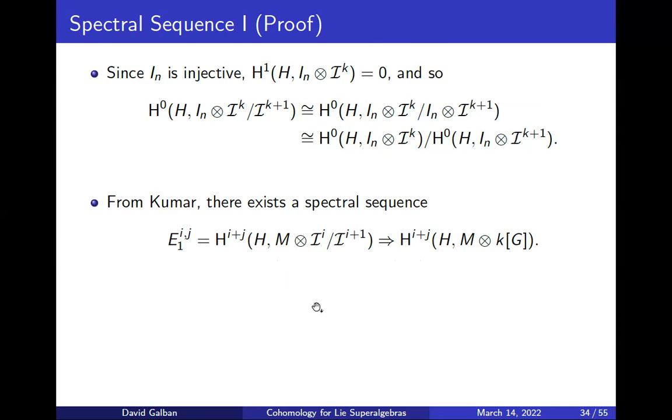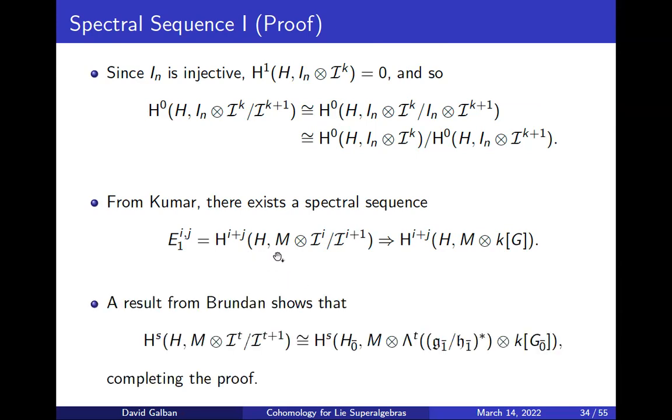Work by Brundan, however, shows that this first term here is actually isomorphic to just the (i+j)th cohomology on the even portion H_0 comma M tensor symmetric of degree j on (g_1 mod h_1)^* tensor K of the even part of G. And so putting this all together just gives us the spectral sequence from before.